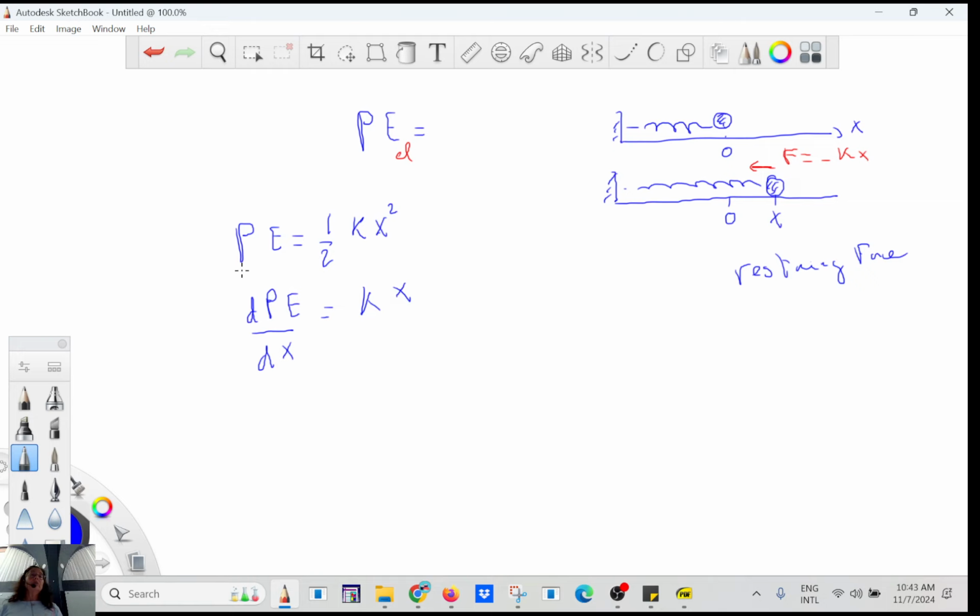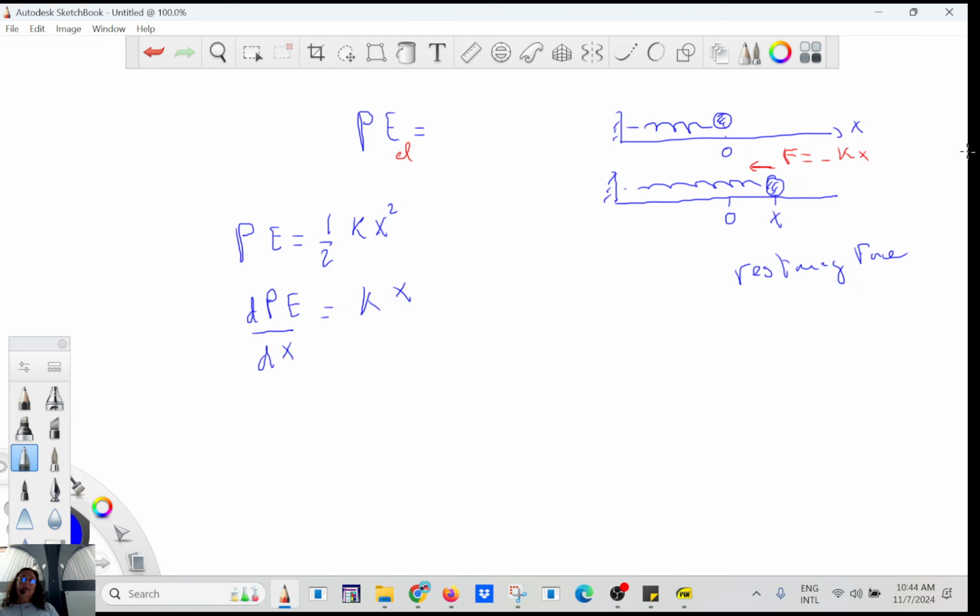So anyway, any potential energy, when you derive, you're going to get the restoring force. Okay? So actually, you are missing a negative sign. That negative sign means that the force wants to bring the system back to the lowest energy state.